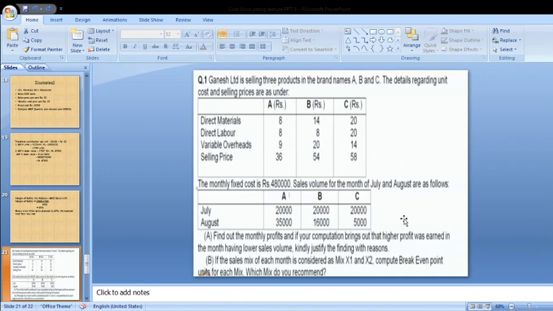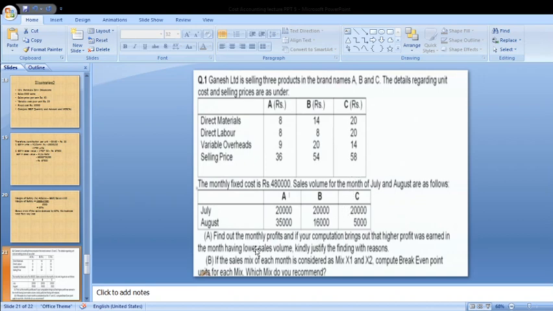Now, they have given the sales volume for 2 months, July and August. So 2 sales mixes are given. In July it is the same 20,000, 20,000 and 20,000. First, 35,000 upon 20 is a break-even quantity.